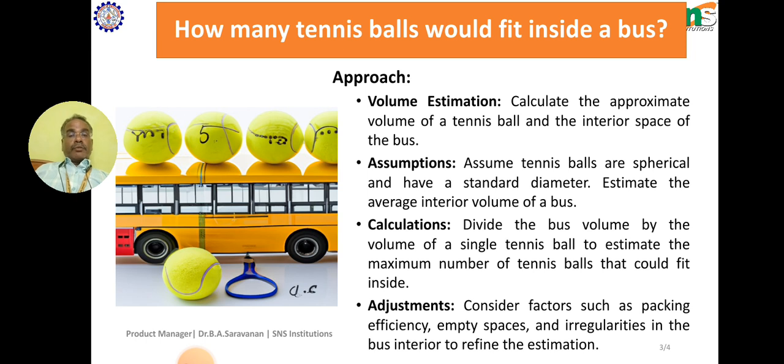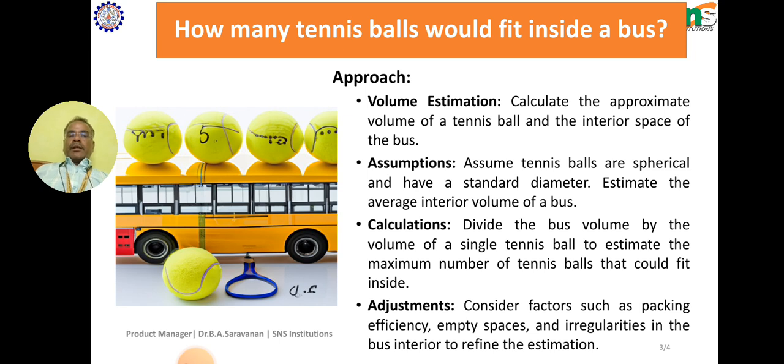If it is a football, we can fill only two or three. With tennis balls, we can fill more, and with table tennis balls, even more. So we have to estimate the volume of the tennis ball and also the interior space of the box or the bus. So it's a basic volume estimation.